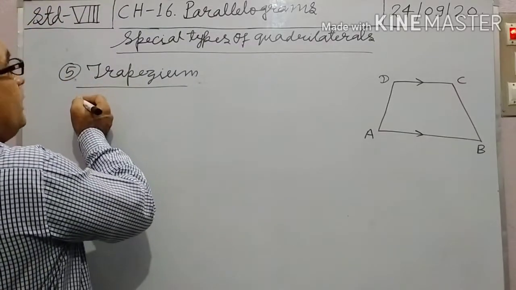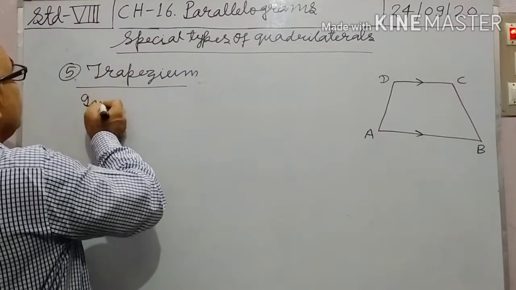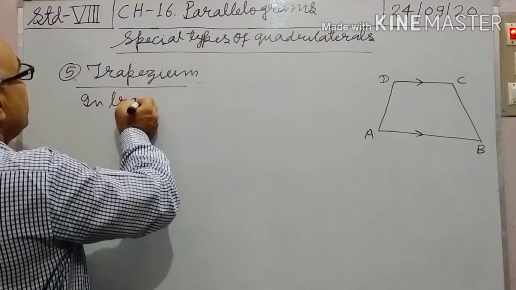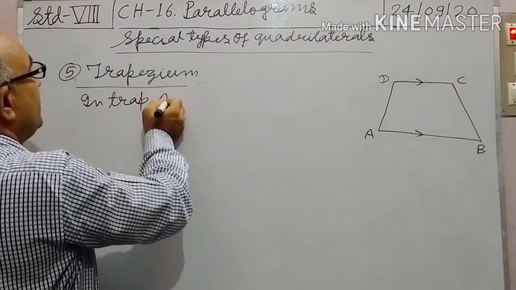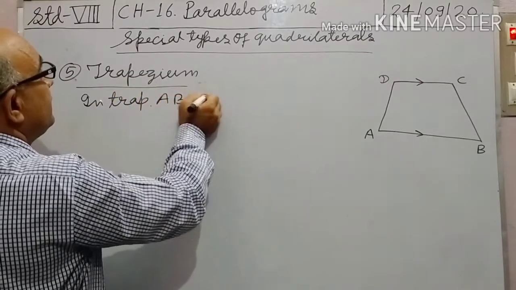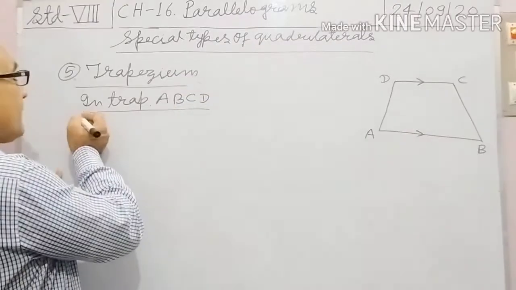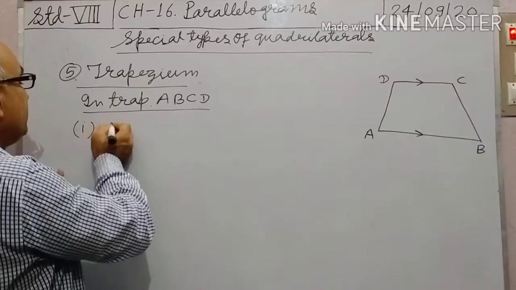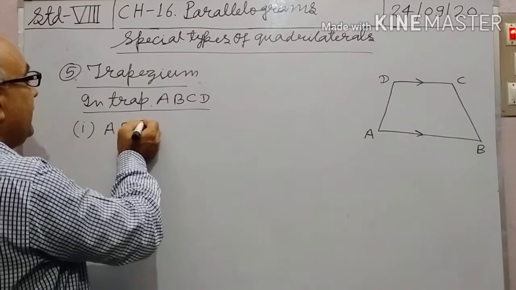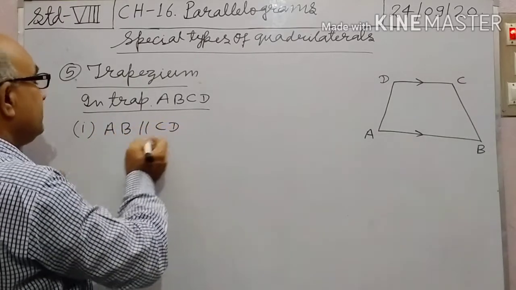The properties of trapezium ABCD. In trapezium ABCD, first property, AB parallel CD.